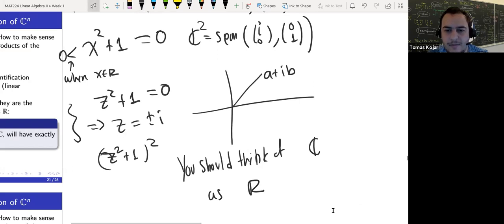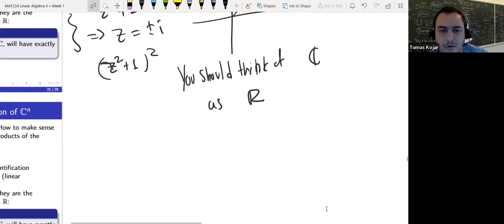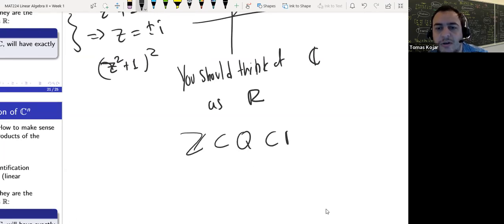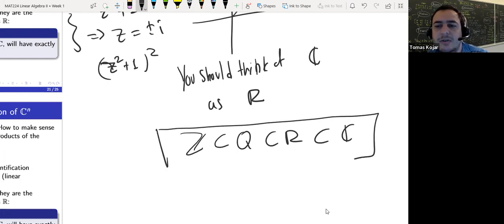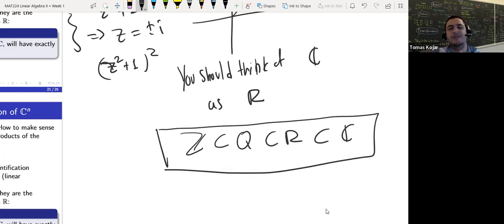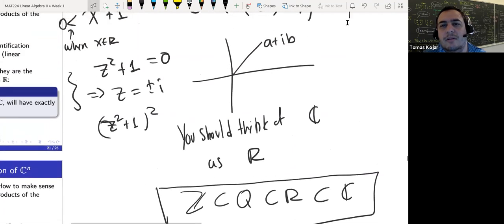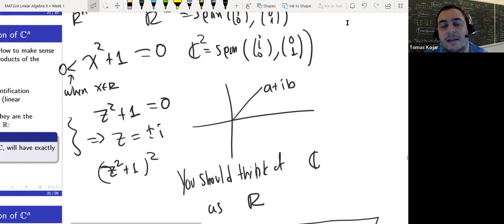You know, let me write the line, right? You have integers inside rationals, which are inside reals, which are inside complex numbers. So in a way, there is no spanning of vectors. It's a new number system that you sort of enumerate your numbers. So it doesn't quite make sense to talk about span in C.